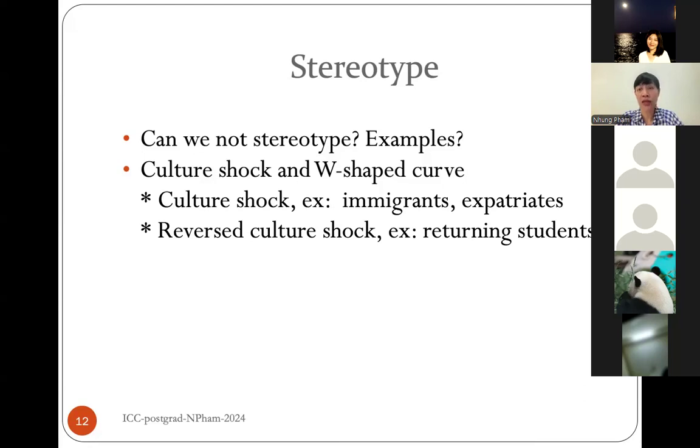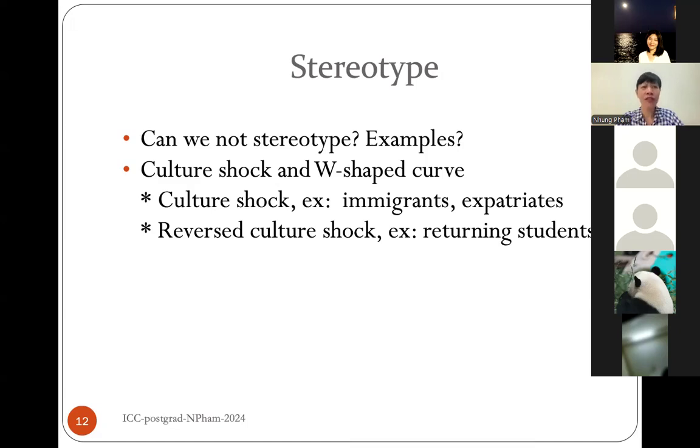Like we say, Japanese people are hardworking. Well, obviously not all of them are hardworking. Or English people are reserved, not all of them are reserved. The thing is, we cannot not stereotype, because people tend to simplify things so that we can make everything simpler and easier to understand.